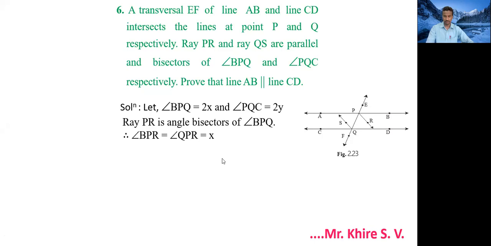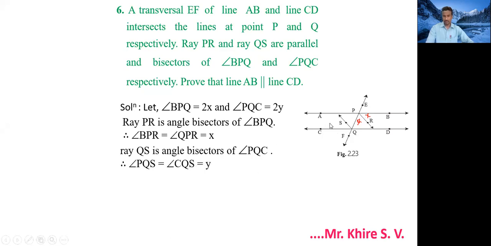This is x, also x. Ray QS is the angle bisector of angle PQC.